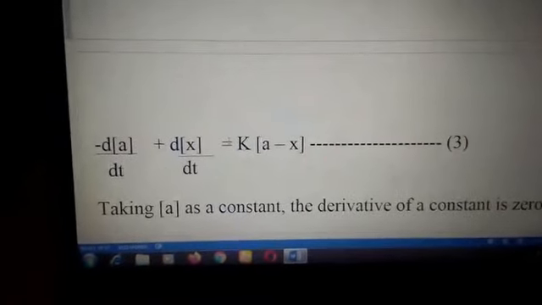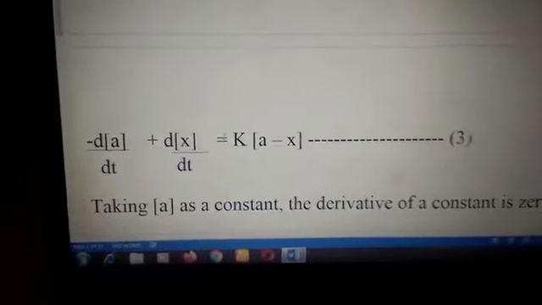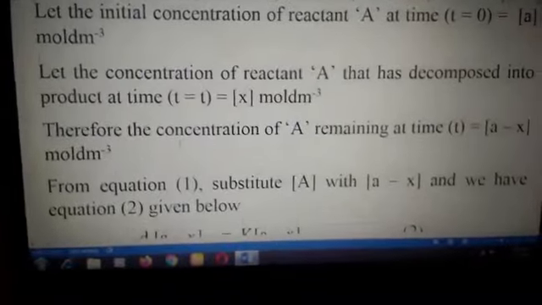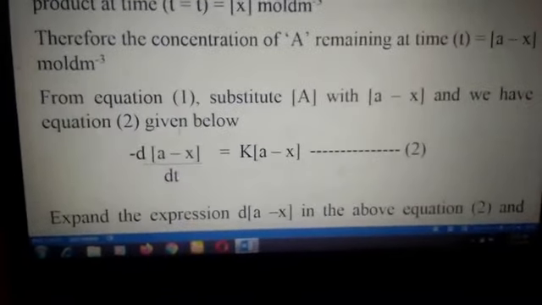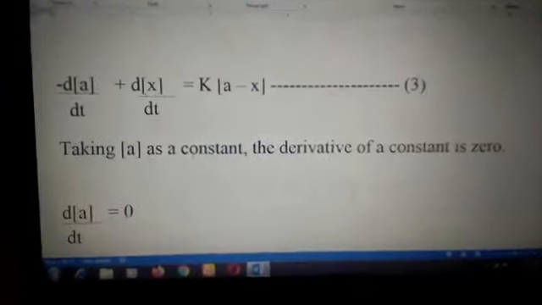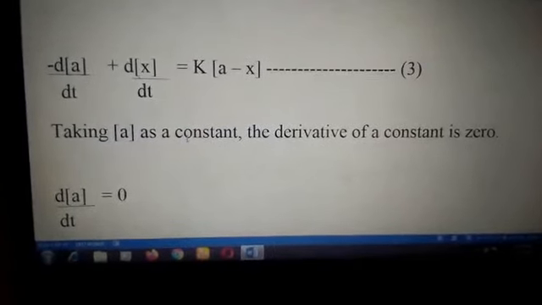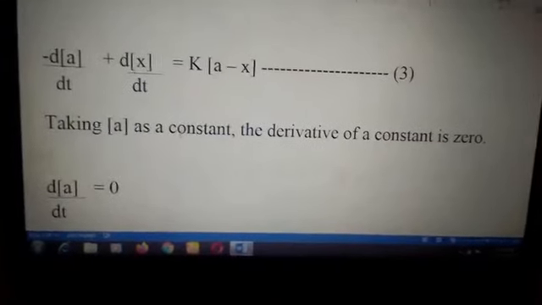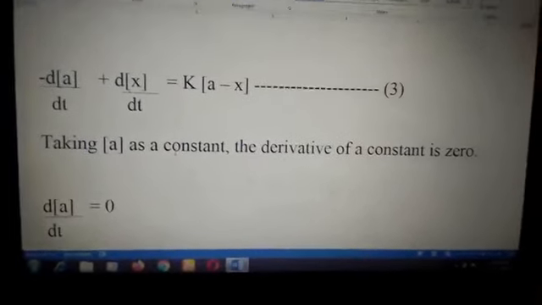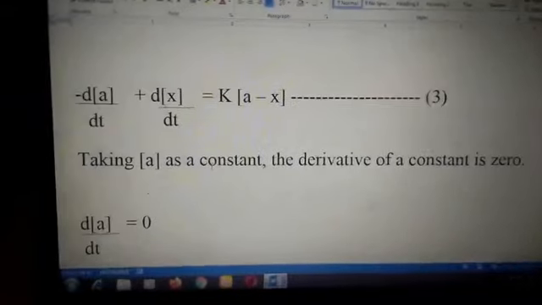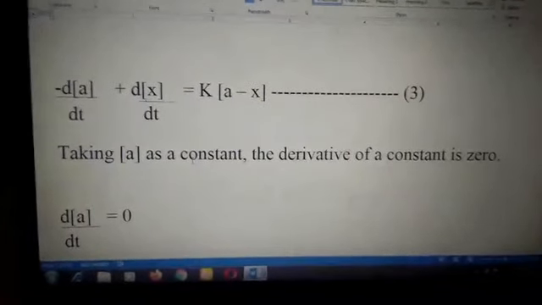We now have da over dt minus dS over dt equal to the right hand side, which is k times small a minus S. We now obtain our equation 3. So having obtained equation 3, what do we do? We now take the concentration of small a, that is square bracket a, as a constant. So we want to differentiate d[a] over dt.